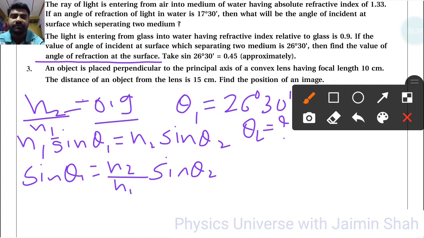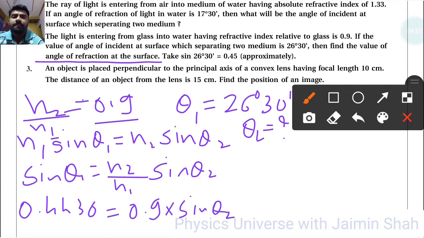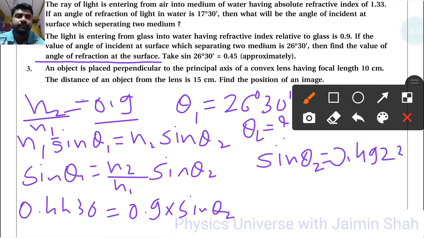So sin 26.30 is 0.4430, equal to 0.9 into sin theta 2. So 0.9 goes to the left hand side in the denominator, so sin theta 2 is equal to 0.4923.